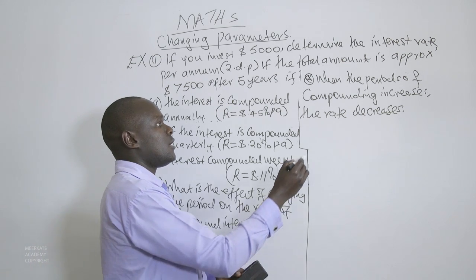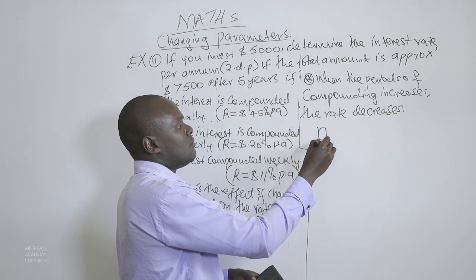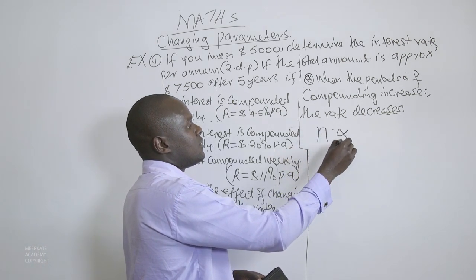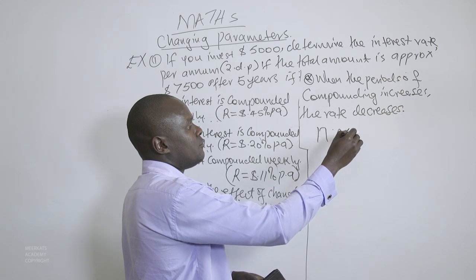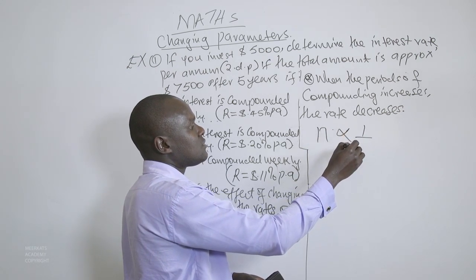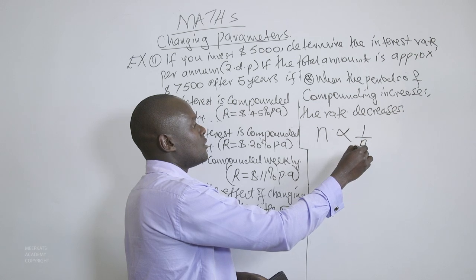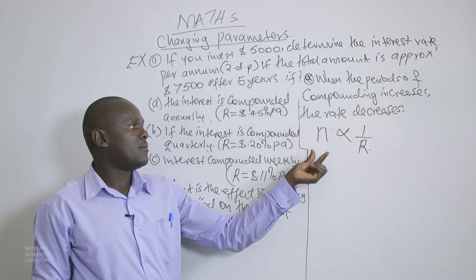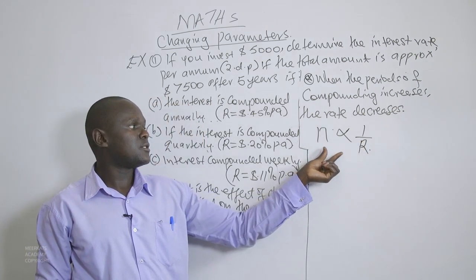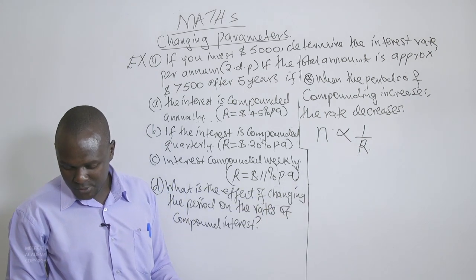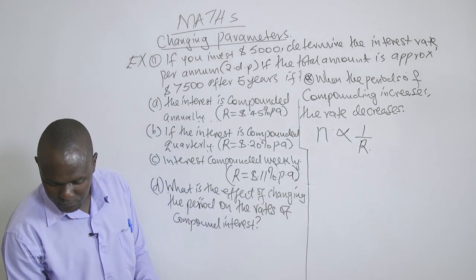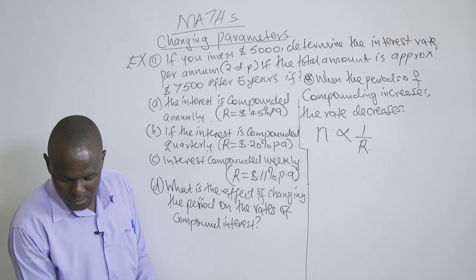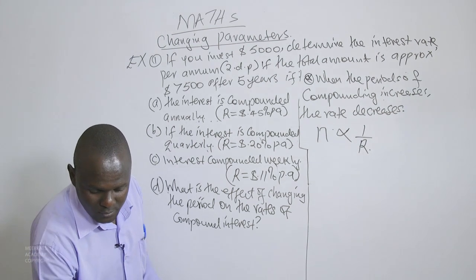So we can also say that there exists an inverse proportion relationship between the number of periods and the rates. When the periods increase, the rates decrease. That is what we have.